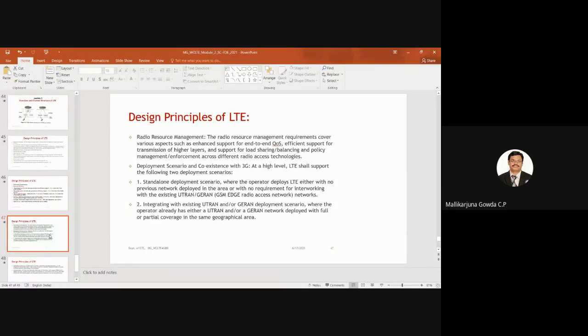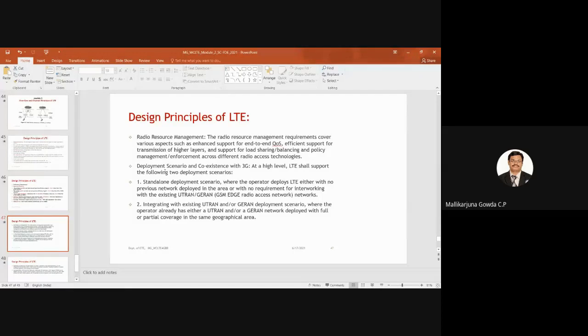Okay, so radio resource management is one of the important and vast topics. It is very important how we utilize the resources. Radio resource is here time, frequency, and power. So how do we utilize those three resources as efficiently as possible is a big challenge, right?